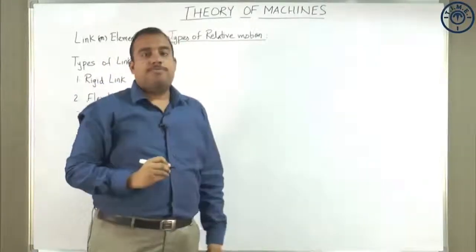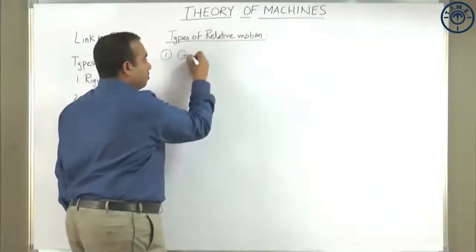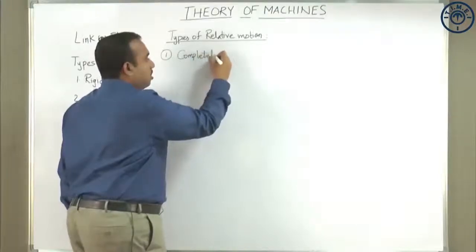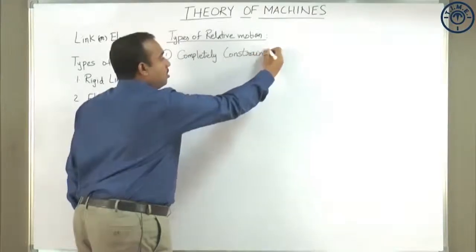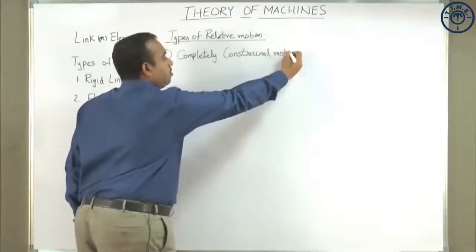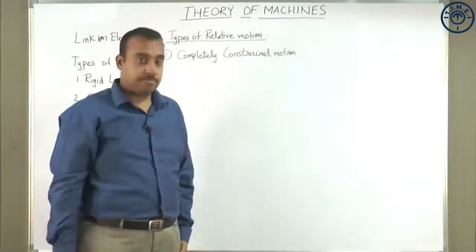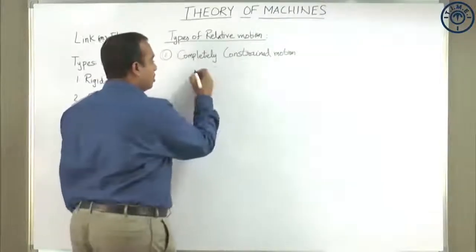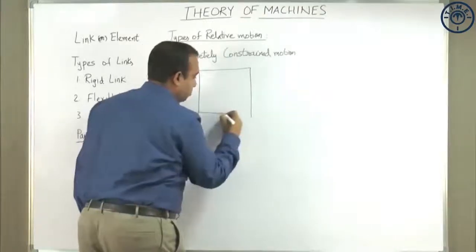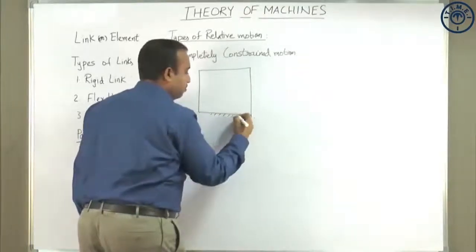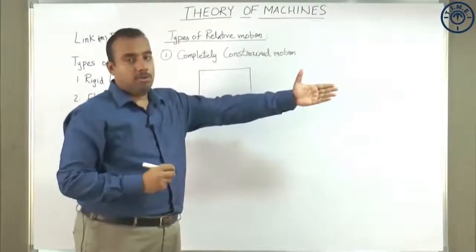The first type of relative motion is completely constrained motion. Let us understand this with the help of an example. Let us take a block which is fixed, and let us drill a rectangular hole in this block.